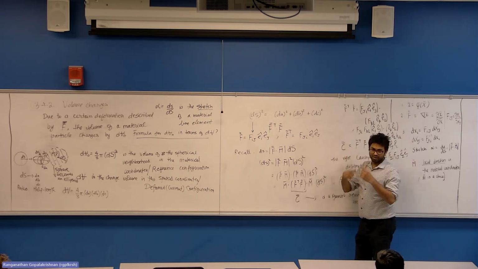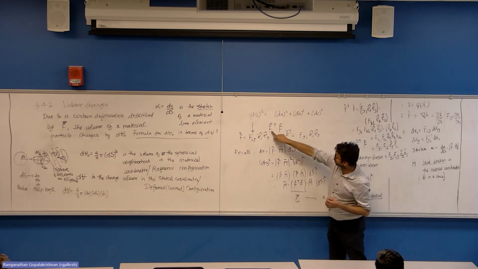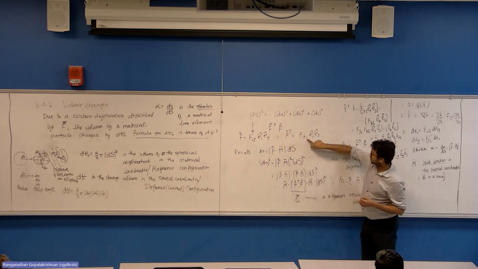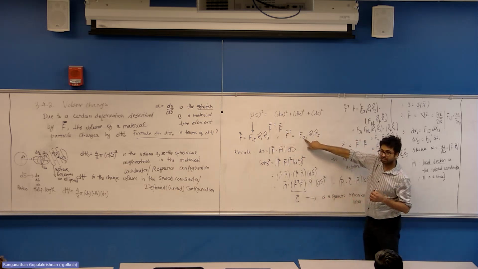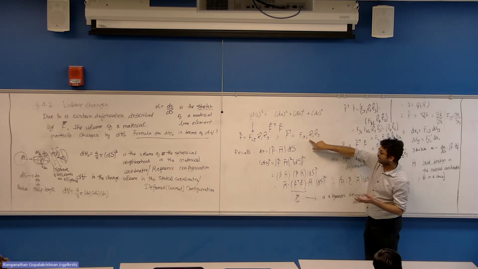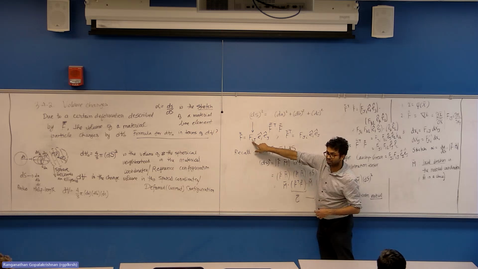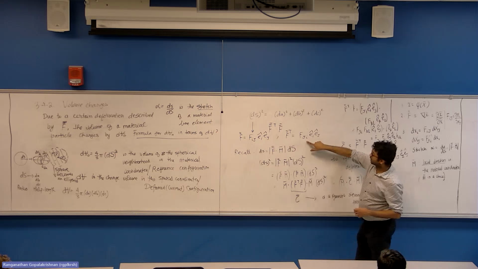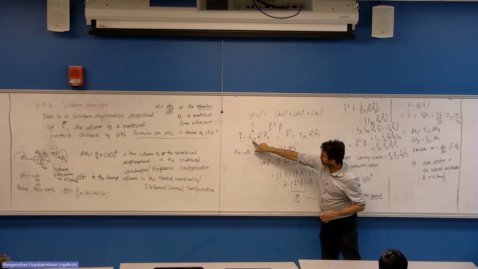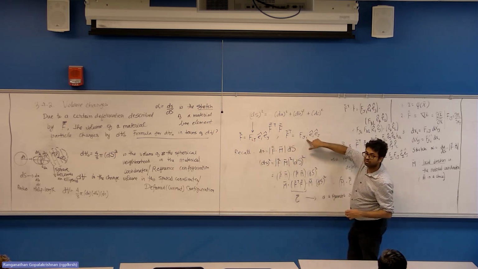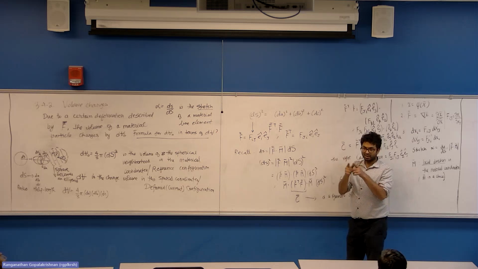Are you able to piece together the rules of this multiplication? F transpose has the leading direction from the material coordinate and the second direction in the spatial coordinate. When you do F, the leading direction is spatial and the second direction is material. So when you do the dot product, you eliminate the inner directions, because the dot product is always the inner index first.